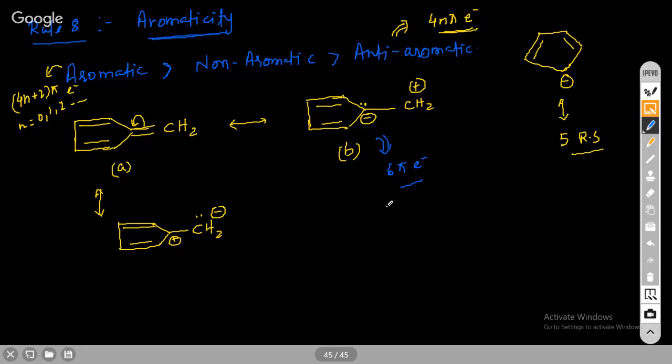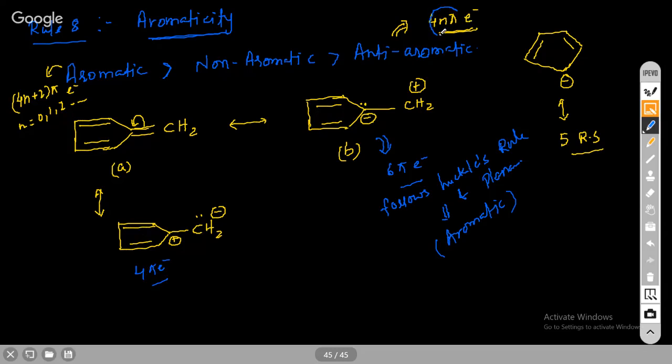So this follows Huckel's rule, and hence it is aromatic, right? It follows Huckel's rule and the molecule is planar also. That's why it is an aromatic compound. In this one, you see, it has only 2 plus 2, 4 pi electrons. So for n equals 1, it is true. Hence, this one is anti-aromatic, AA. And this one is a non-aromatic compound.